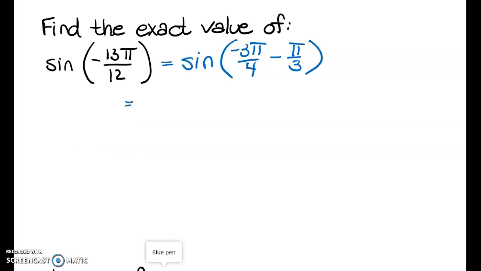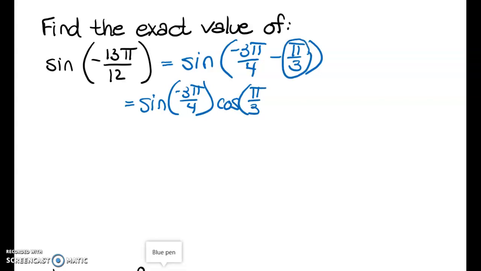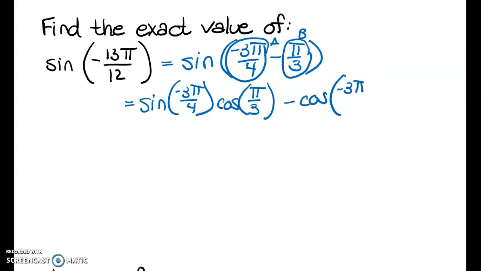So I know this is going to be the sine of negative 3 pi over 4 times the cosine of pi over 3. Okay, so since I'm using the difference formula, this is A and this is B, minus the cosine of negative 3 pi over 4 times the sine of pi over 3.